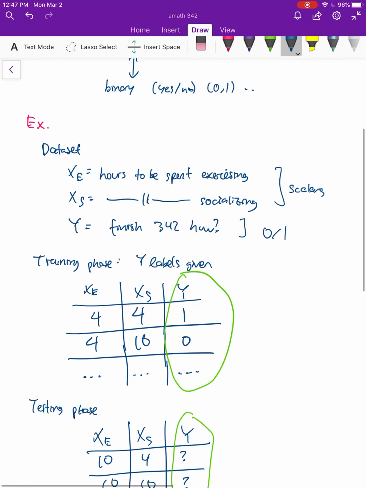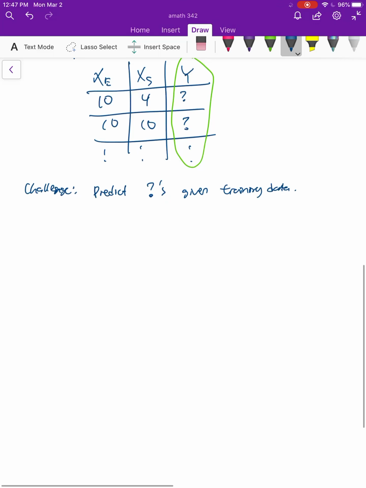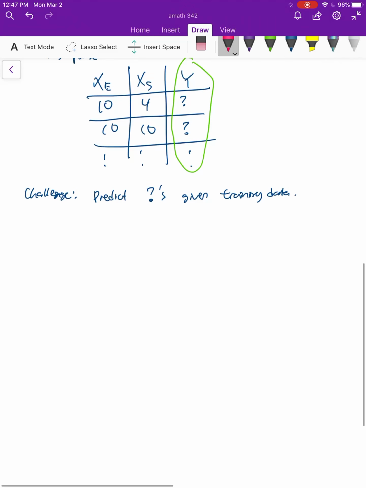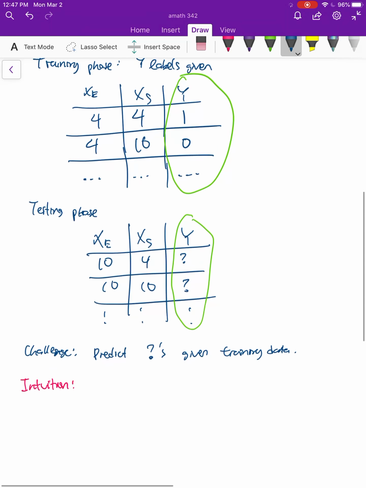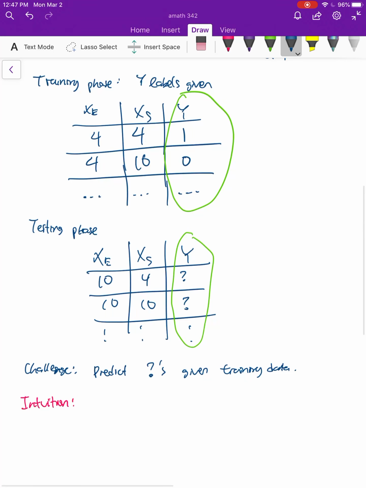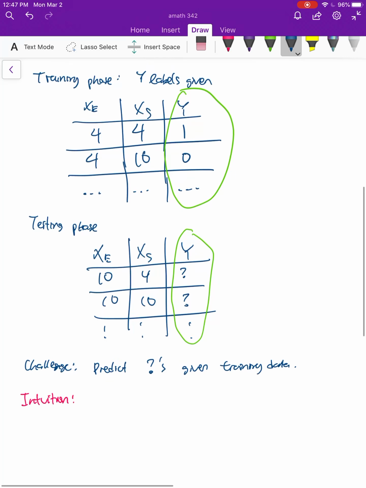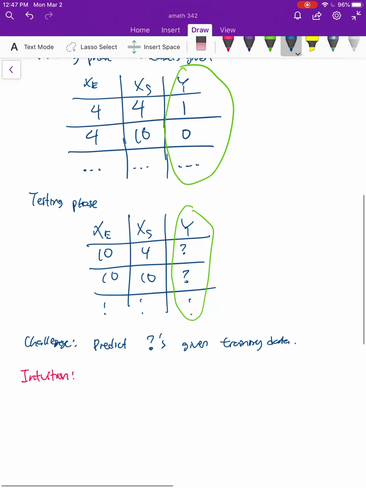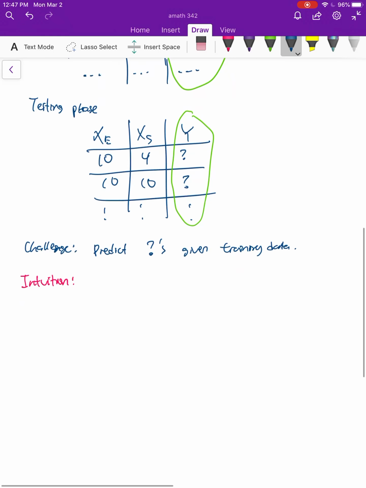Okay, so there are many ways to do this, and if you want to know the full spectrum, you can take a machine learning class. But the general intuition is, somehow you need a compact summarization of the training data and apply it to the test data.